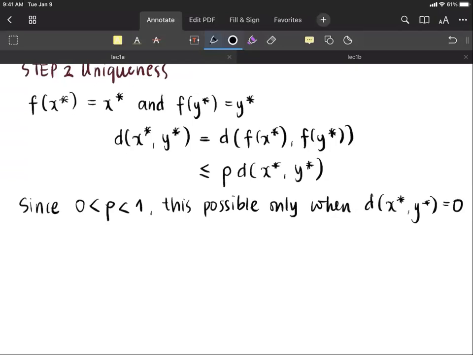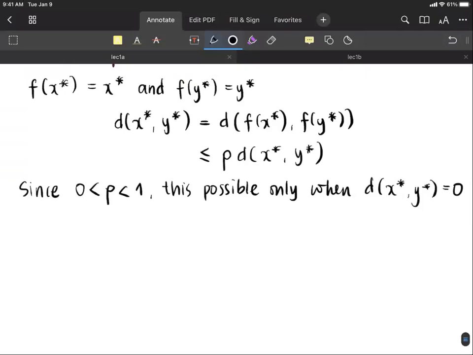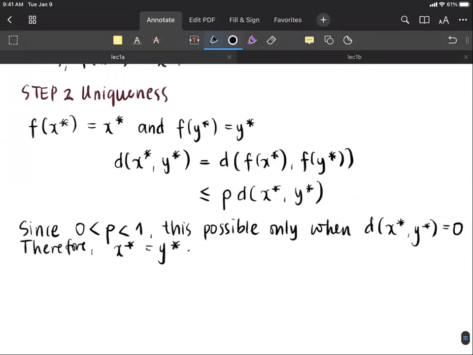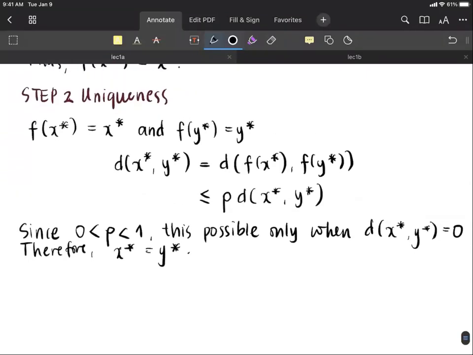Take note that if the distance is strictly positive, then you will get a contradiction because the right-hand side would be strictly less than the left-hand side. By definiteness of the metric d, we can now conclude that x star is the same as y star. So if there are two fixed points, then in fact these fixed points are the same, and that proves uniqueness.